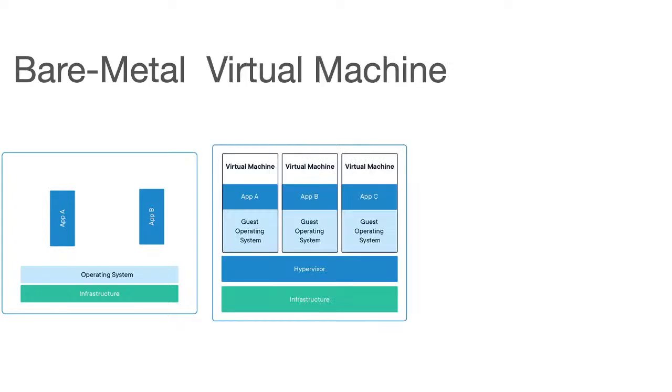The overutilization or underutilization of application resources led to the hypervisor, or virtualization technology. In the virtual environment, we get the server as the infrastructure and install a hypervisor layer on it. It could be Hyper-V, ESXi, or Xen.